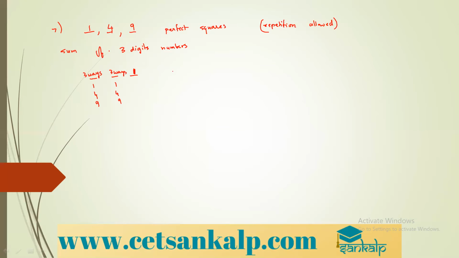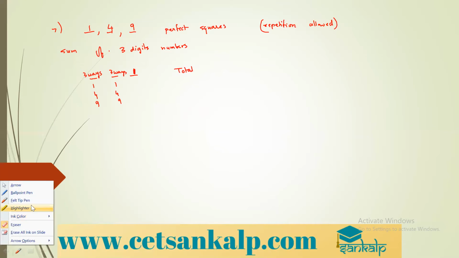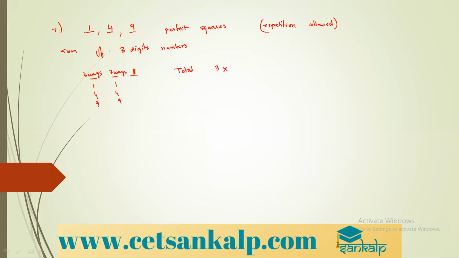So total I have 9 numbers. First place in 3 ways, second place in 3 ways, total 9 3-digit numbers ending with 1.